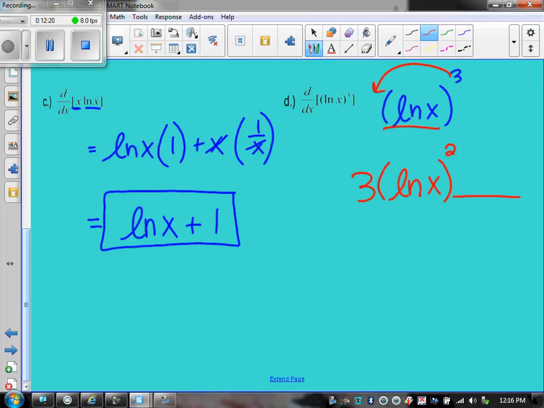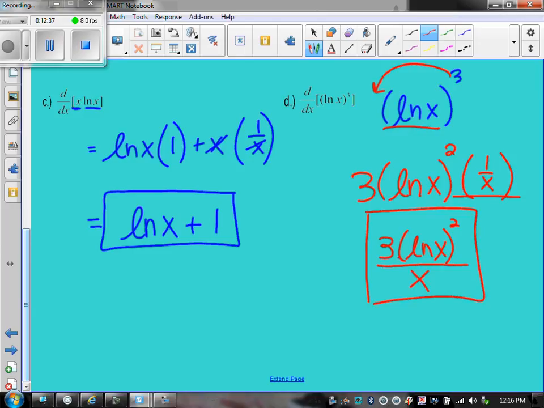Well, the derivative of my inside, natural log of x, is 1 over x. Okay? So you could rewrite this as 3 times the natural log of x squared all over x if you wanted to. Alright, so that would be my final answer on that one.